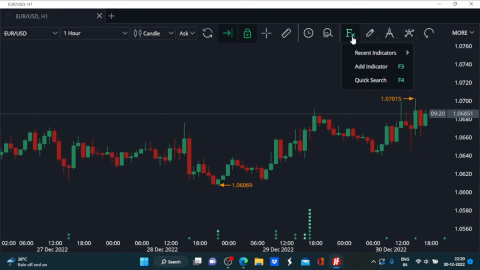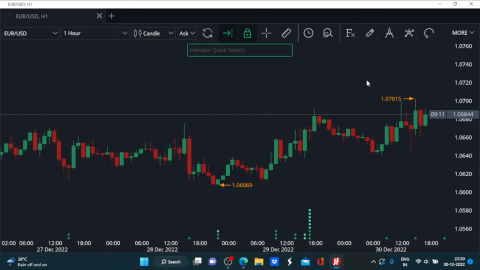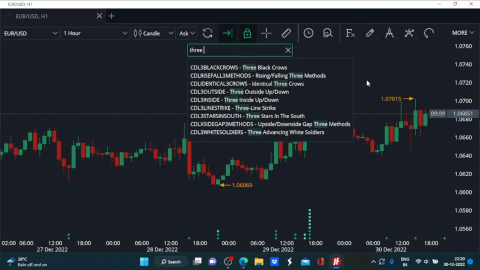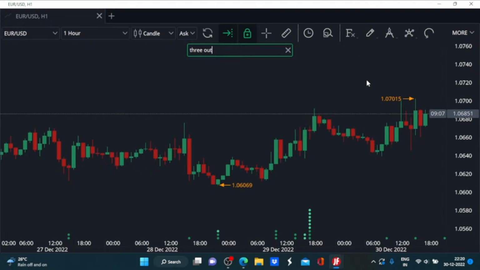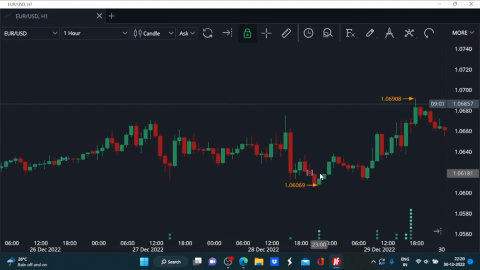Now, if you want to know where this formation is listed, all you have to do is go to the add indicator options, or if you don't want to take that much trouble, then the quick search option is always there. Simply type in three outside up and down. So here we get it. You are seeing this bracket formation, which is denoting the candle formation.